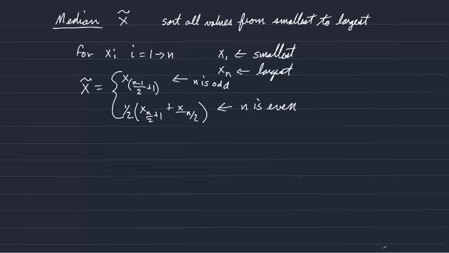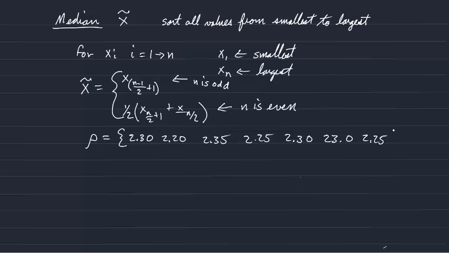So let's consider a sample of densities of sandstone. And these values are 2.30, 2.30, 2.20, 2.35, 2.25, 2.30, 23.0, and 2.25.